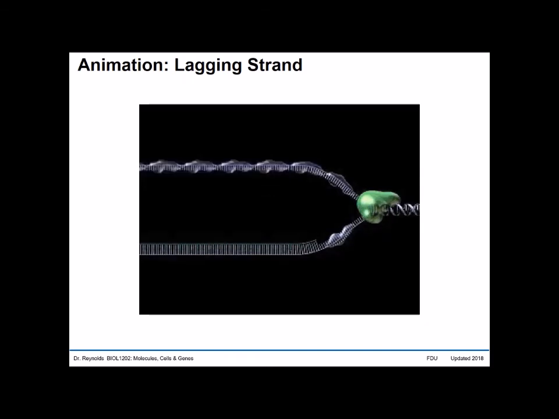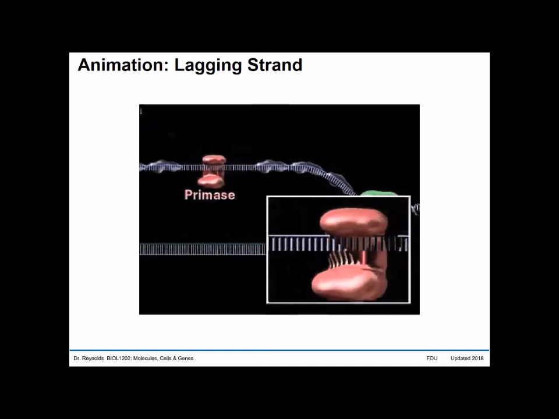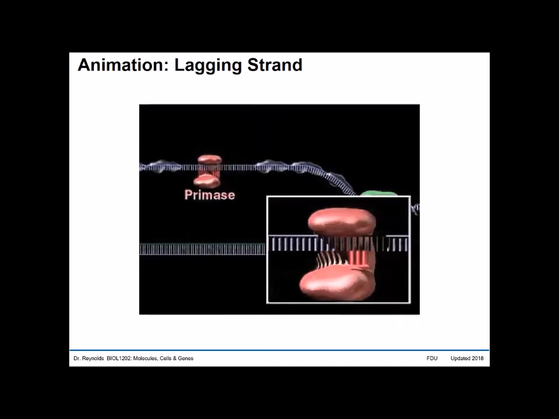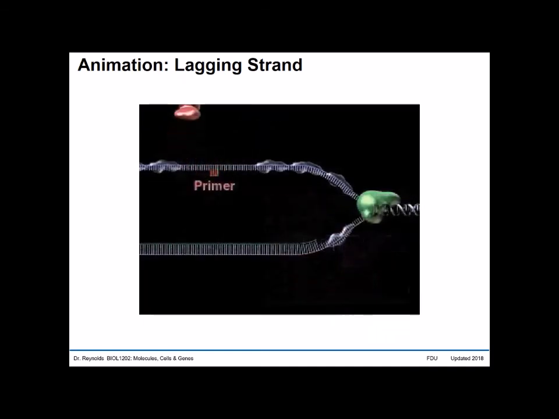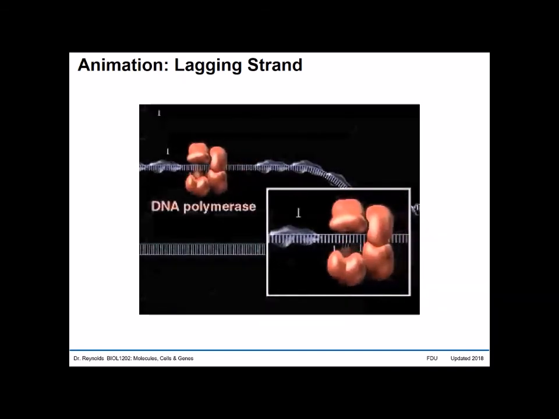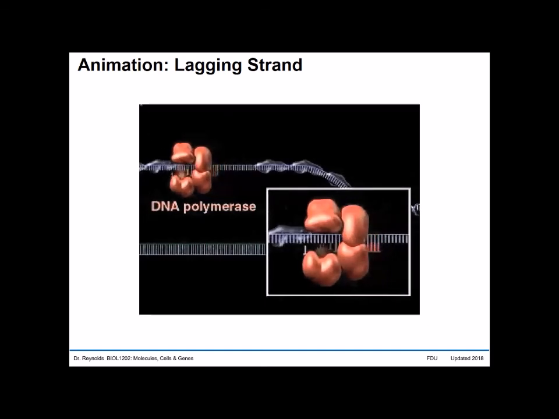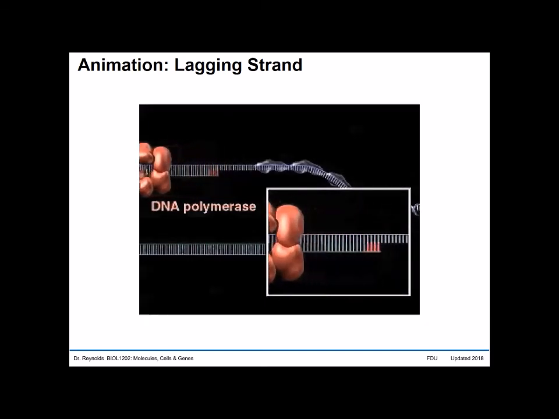Now let's look closely at how enzymes work together to assemble the lagging strand. First, the enzyme primase removes the single-strand binding proteins, shown here in blue, and makes an RNA primer to begin an Okazaki fragment. The enzyme DNA polymerase then adds the complementary DNA nucleotides to synthesize the rest of the fragment.